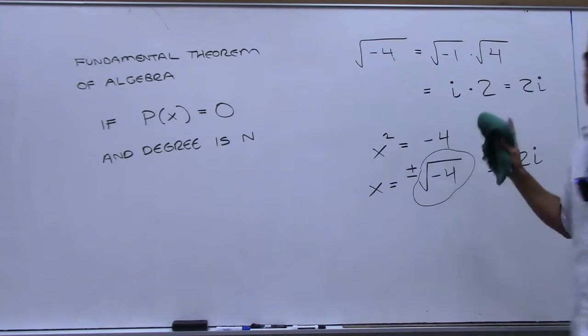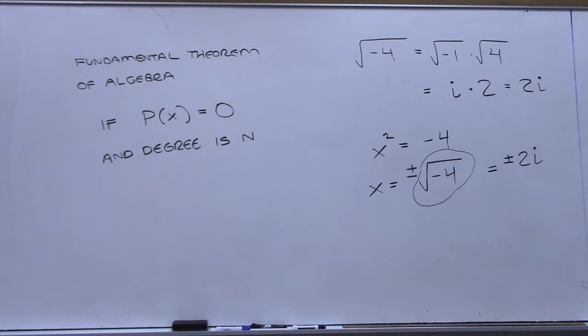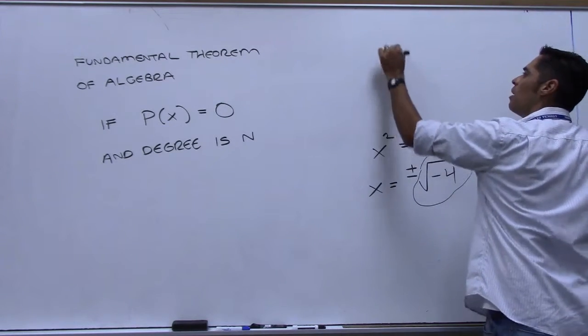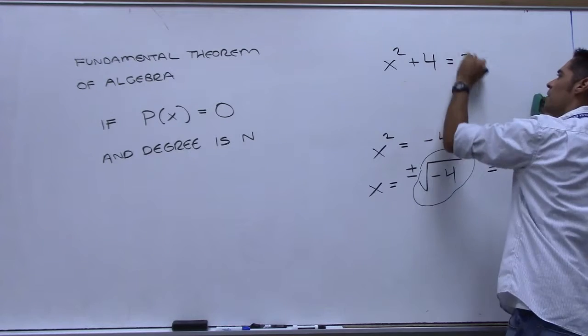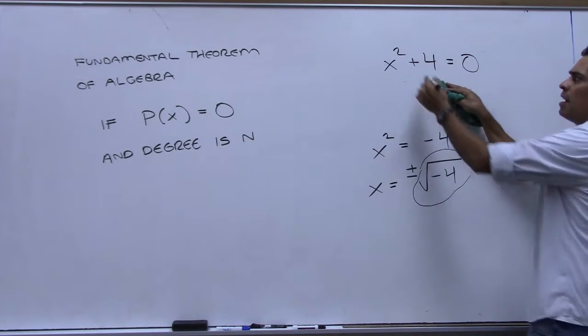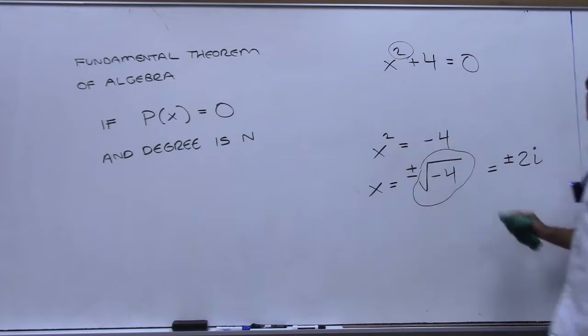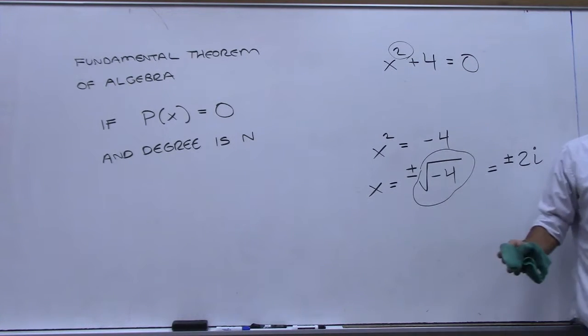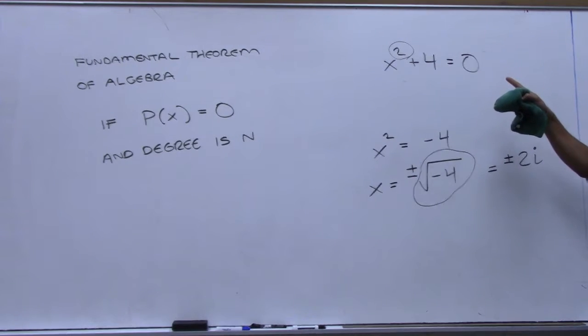The fundamental theorem of algebra says that we must have n solutions. What was the highest power when I had this polynomial, x squared plus 4 equals 0? 2. How many answers did we have? 2. The theorem says you are guaranteed to have however many that power is.